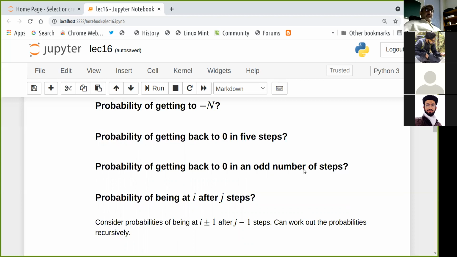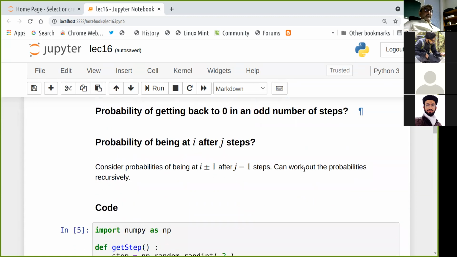To be at position i in j steps means that you have to have been at position either i plus 1 or i minus 1 after j minus 1 steps. And then in order to be at position i plus 1 or i minus 1 after j minus 1 steps, think about where you would have to have been at j minus 2 steps, and so on and so forth. So you can work out the probabilities recursively.